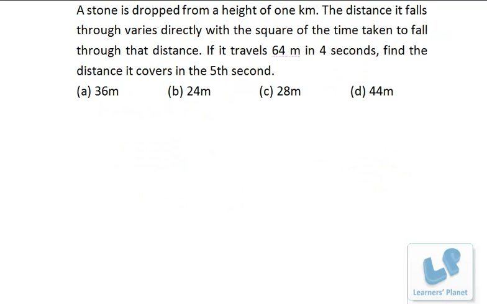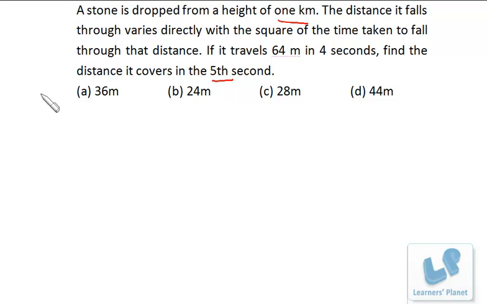Now let's see this question. A stone is dropped from a height of 1 kilometer. The distance it falls through varies directly with the square of the time taken to fall through that distance. If it travels 64 meters in 4 seconds, we have to find out the distance it covers in the 5th second.